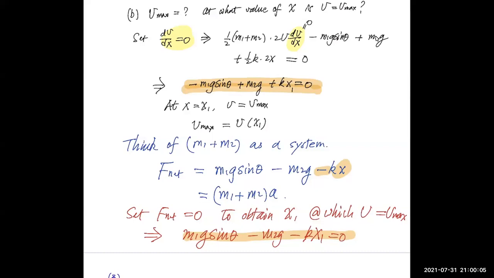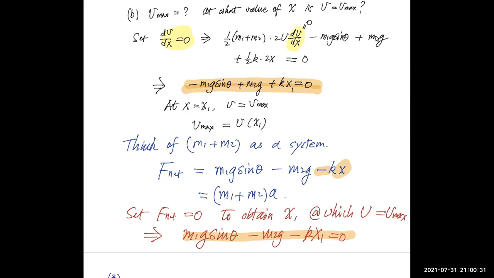So it's a pure mathematical way of finding the maximum value of v. But the second method carries distinct physical meaning because all we have to do really is to set the total force equal to 0. And that is the reason why you have a maximum speed, because that's where the force turns from acceleration to a deceleration as it turns signs.